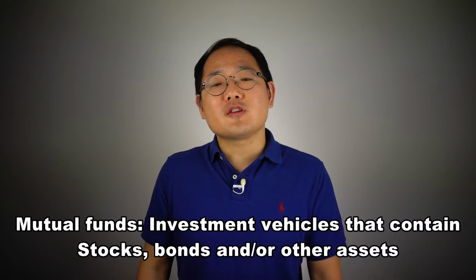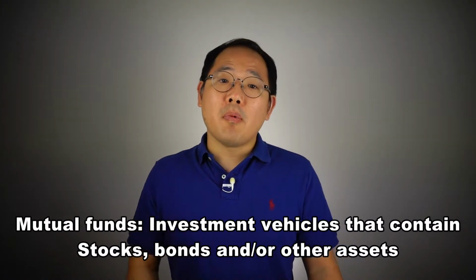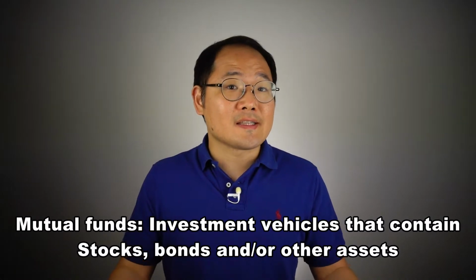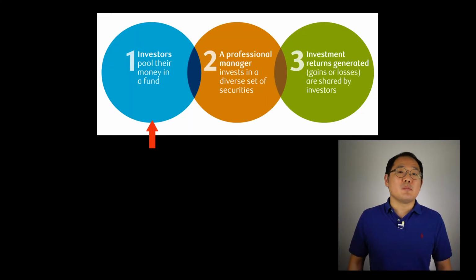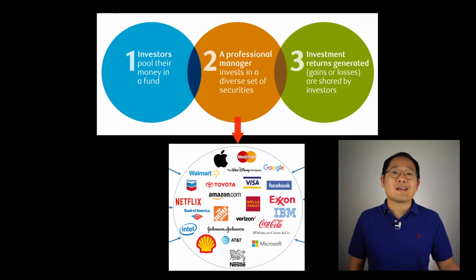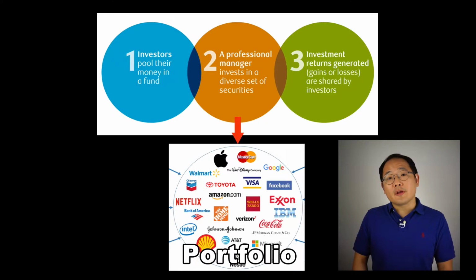Let's jump right in. A mutual fund is a type of investment that contains a mixture of many stocks, bonds, and/or other assets. Mutual fund companies take the collection of money from investors and buy stocks and bonds and other assets to create a portfolio.